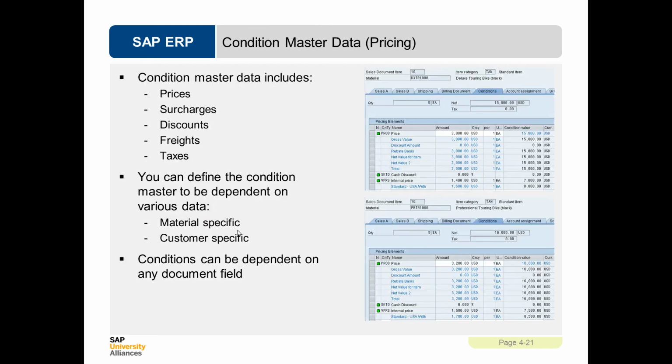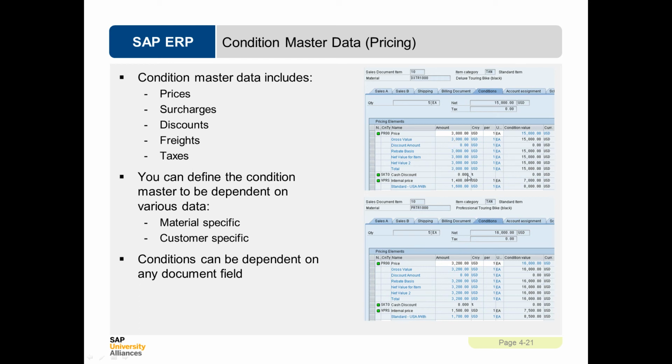The condition master, SAP uses the term condition maintenance with respect to anything having to do with the terms and conditions that are used in processing any kind of a purchase order or fulfillment request. And normally the condition master, the pricing is going to flow into it directly from the material master.